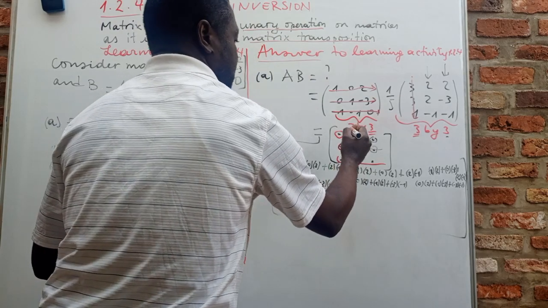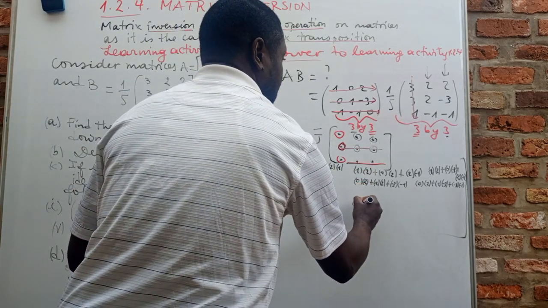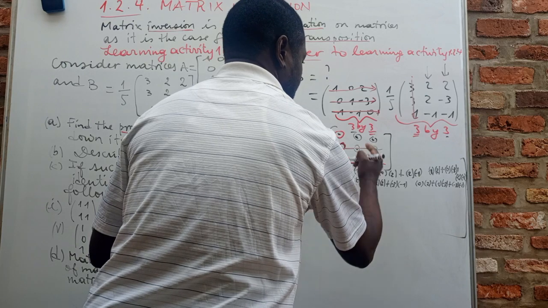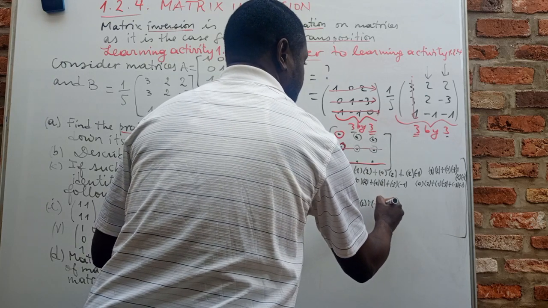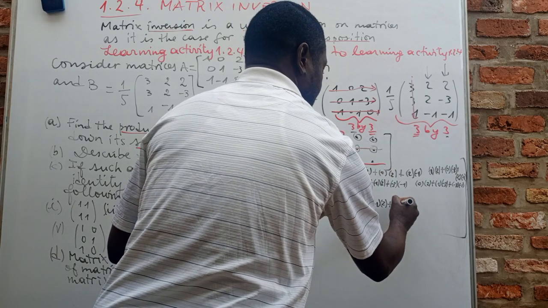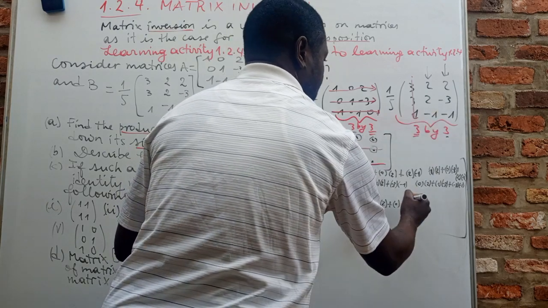Next, 1 times 2 plus negative 1 times 2 plus 0 times negative 1.